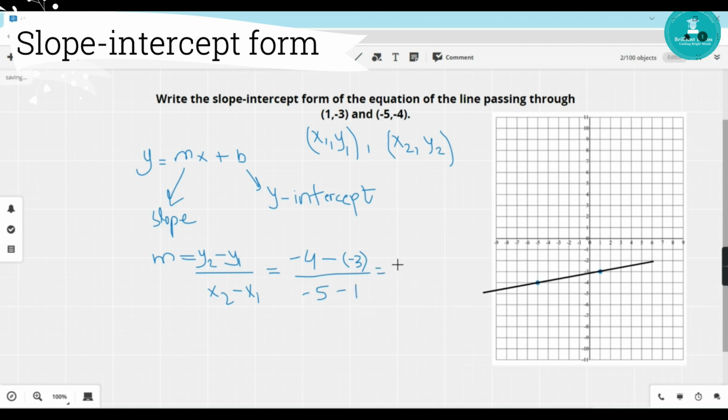Minus times minus will give you positive 3. It should be -4 plus 3, which is -1, divided by, adding 2 negative numbers, -5 minus 1 gives -6. It means -1 divided by -6, so our slope is 1 by 6. This is our slope, the m value.